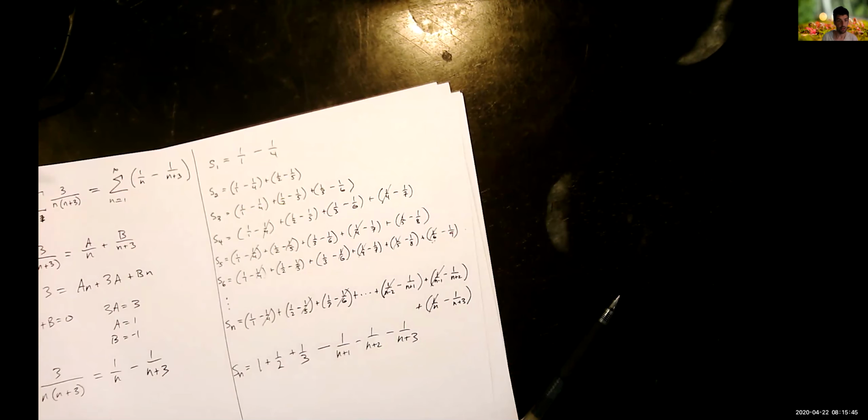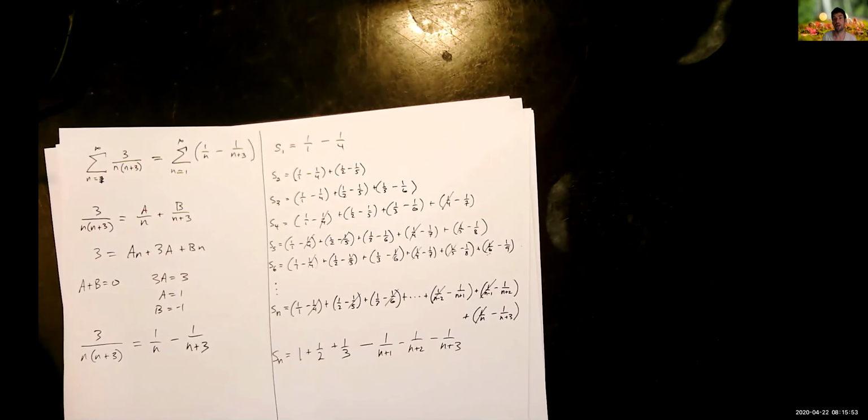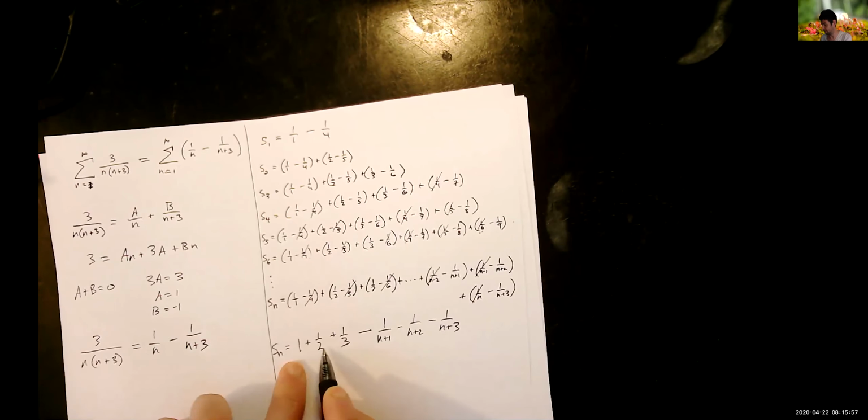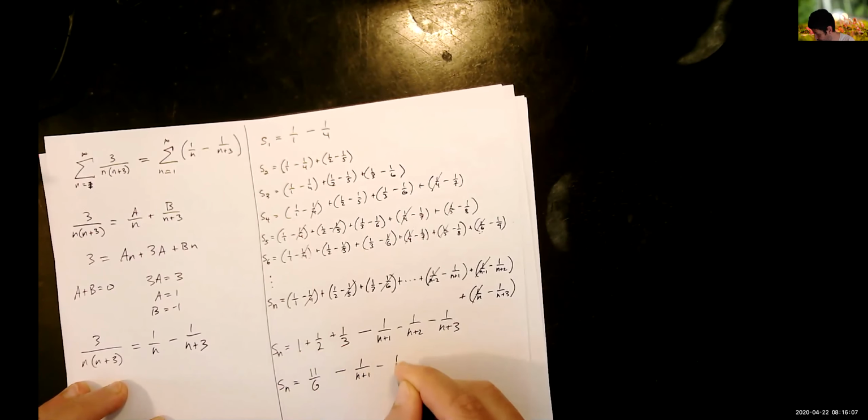Okay, so this looks like a nice easy form for writing out this sum, right? We can simplify this. We've got 6/6, 3/6, and 2/6. So that's 11/6 minus 1 over n plus 1 minus 1 over n plus 2 minus 1 over n plus 3, right?